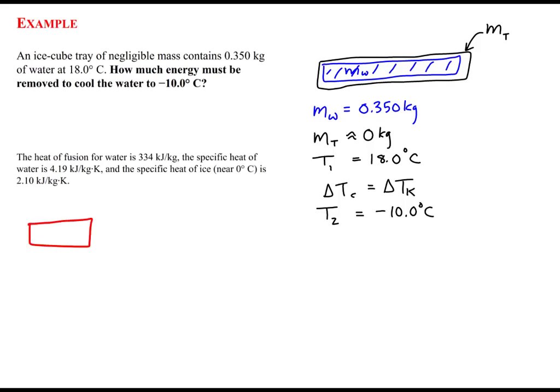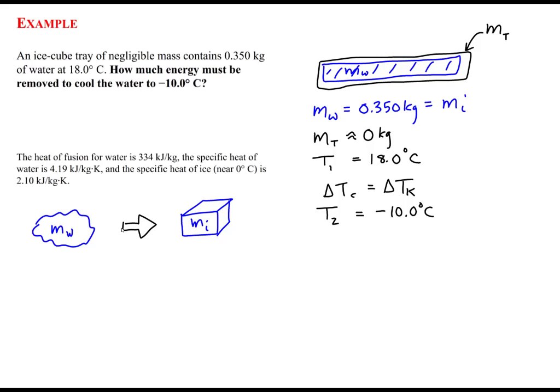So we have water that we want to eventually freeze into ice. And I'll just signify that m sub I for the mass of the ice. And we know that the mass of the water and the mass of the ice is going to be the same.